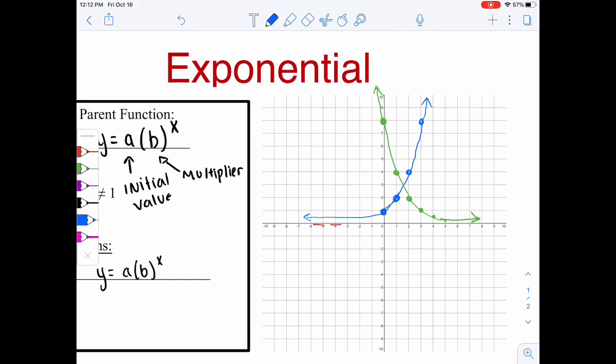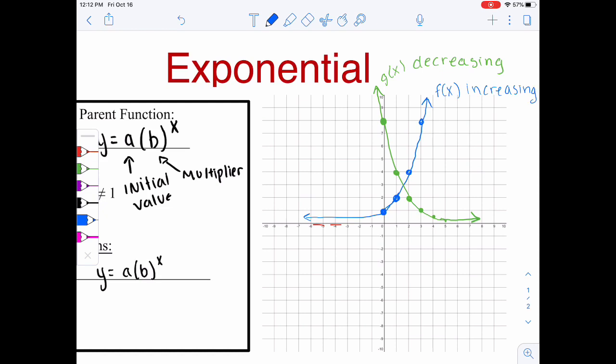If we take a look at our graphs, we can see that they look slightly different from each other. The green one, g of x, is a decreasing function. If you read it from left to right, our y values are decreasing. Our blue function, f of x, is increasing. If you read it from left to right, our y values are increasing.